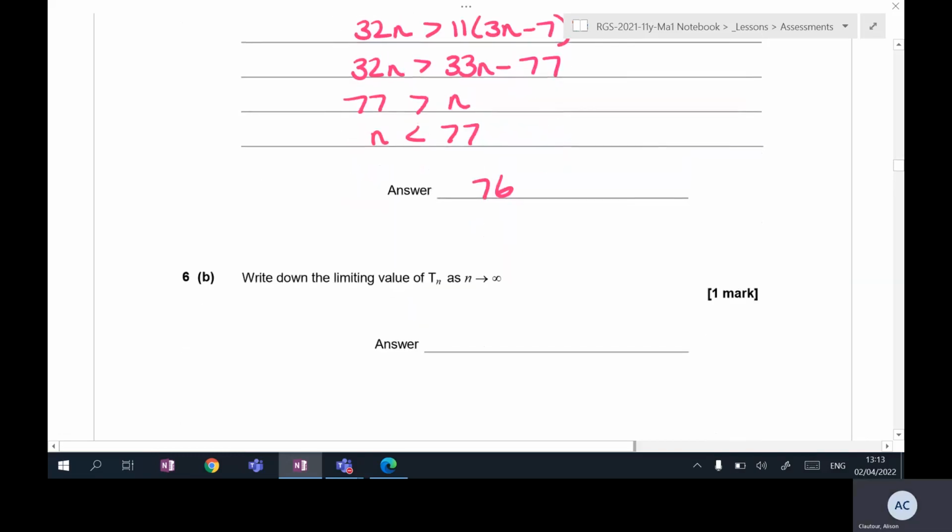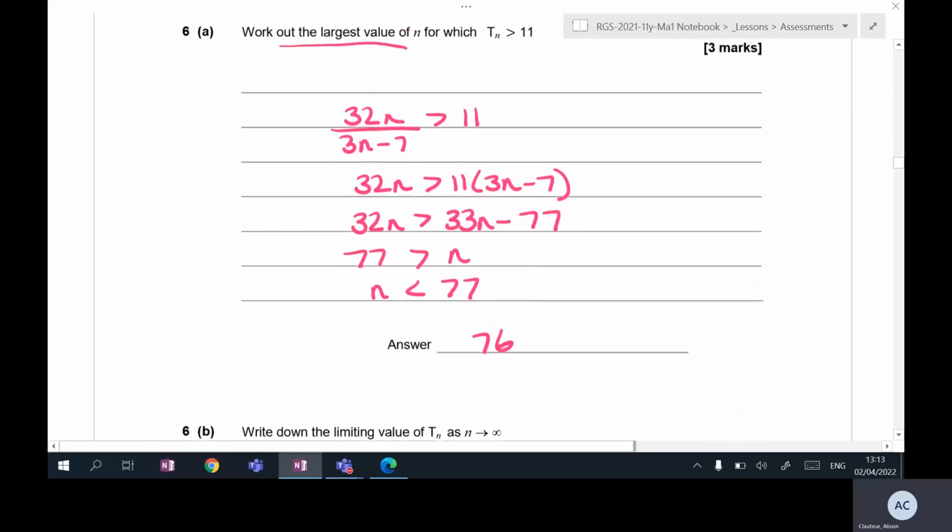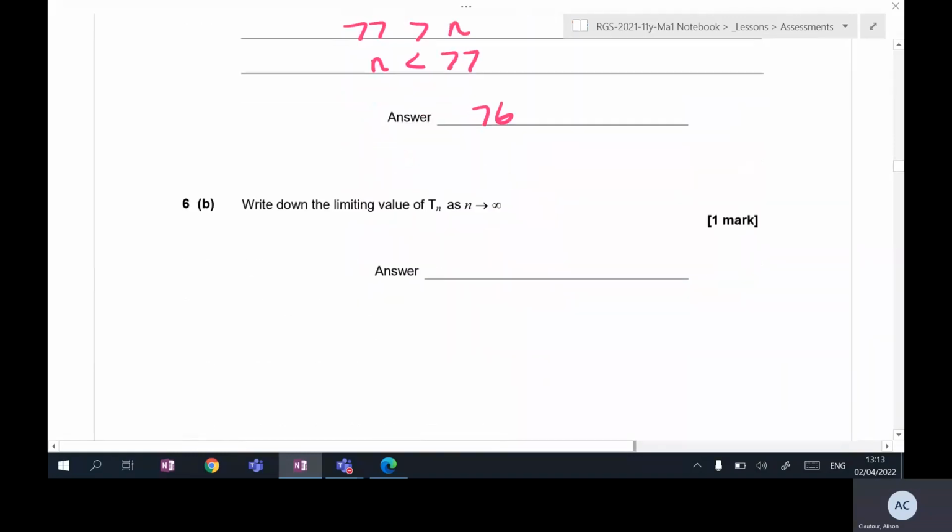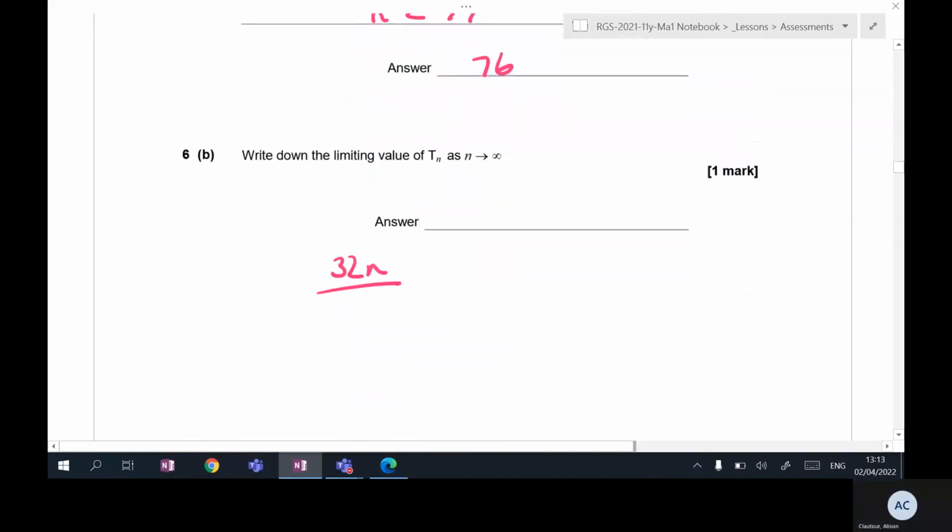For the limiting value, the trick with these questions is to take your expression, 32n over 3n minus 7, and divide each term by n. That gives you 32 over 3 minus 7 over n.